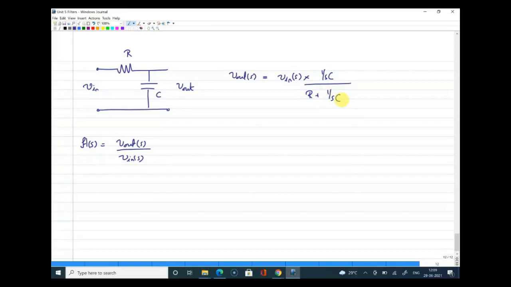This is simple voltage division, where I have written the reactive component XC as 1 by sC. If I simplify this further, V out of s by V in of s is 1 by 1 plus sRC. This is how we denote it.